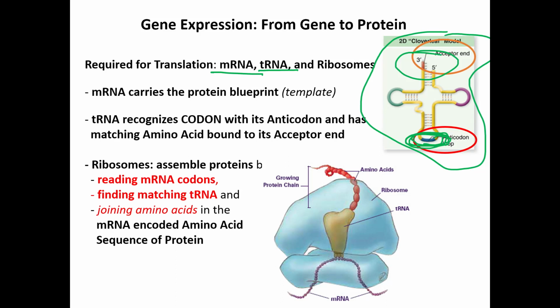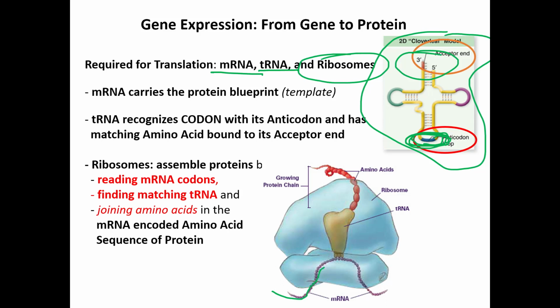And then, of course, we need the machinery to bring messenger RNA, tRNA, and with tRNA, of course, the amino acids together, and this happens in cell organelles known as ribosomes. And here we see what happens in such a ribosome.